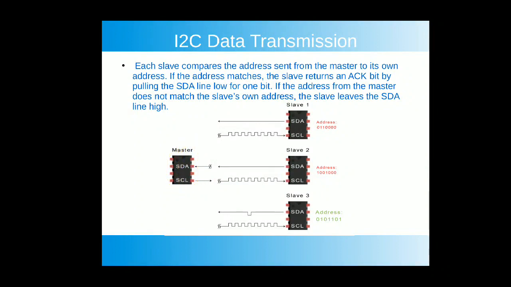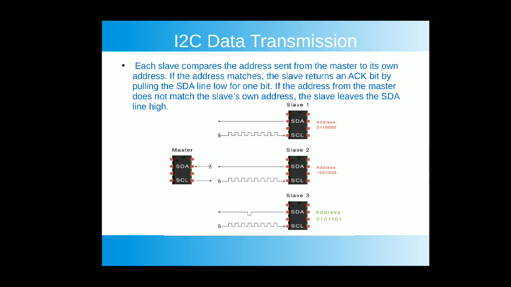And when the address is received, these 3 slaves will compare the received address with their internal address. Here slave 1 compares the received address with its internal address, and during the comparison, slave 1 finds out that the address doesn't match its internal address.